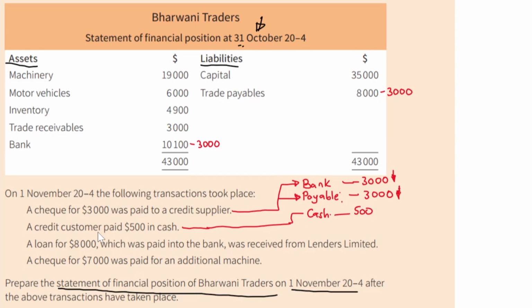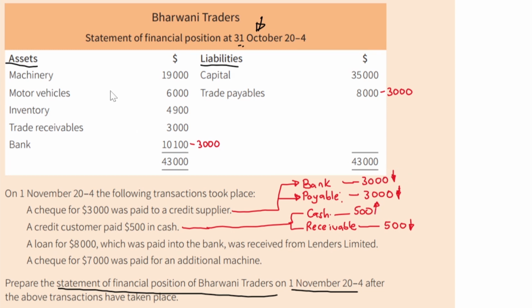And it's a credit customer, in other words, a receivable, or call it a debtor. Remember, at first in our books we were demanding money from them, so now that they have paid, their account has reduced. So this receivable is going to reduce by 500, and the cash is going to increase by 500.